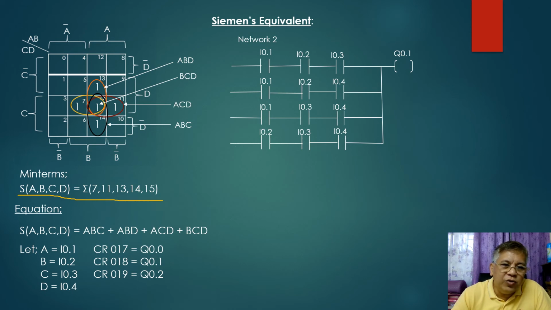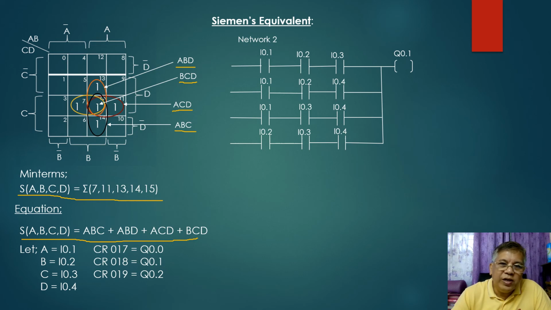The first group of 2 adjacent cells is in the color orange, which is under A, B, and D. The second group is your yellow, which is under B, C, and D. Your third group is the red one, 2 adjacent cells again, under A, C, and D. And the last group, the black group here with 2 adjacent cells, you have A, B, and C. So the siren equation is equal to ABC plus ABD plus ACD plus BCD.